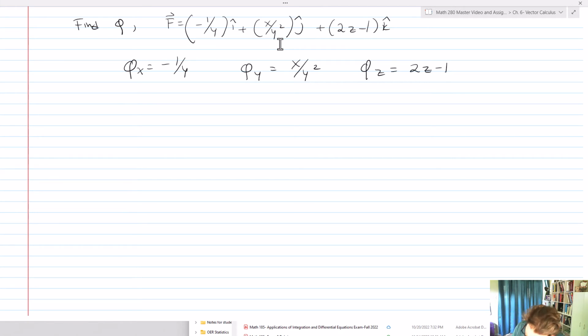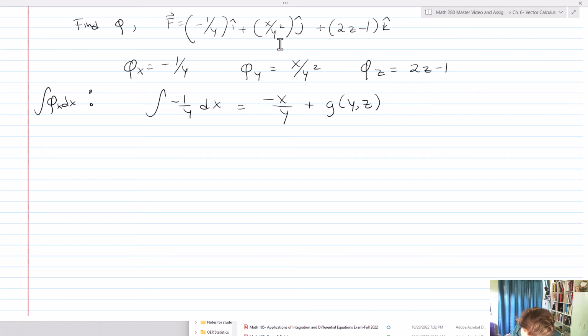So the first thing that we're going to do is integrate phi of x dx. So that's the integral of negative 1 over y dx. Okay, and so this ends up equaling negative x over y, plus, and remember we have that function g of yz. So we're going to take our integral of phi of x dx.